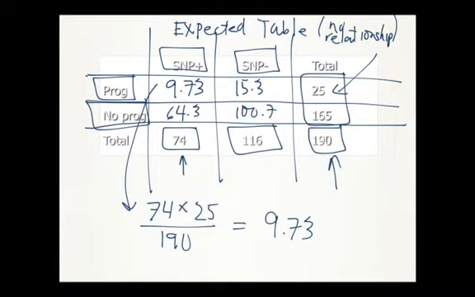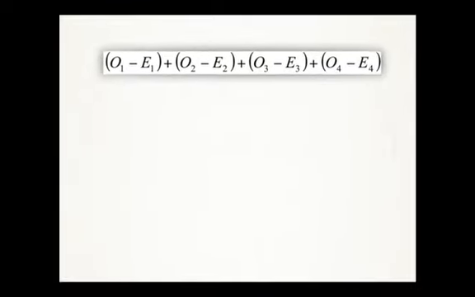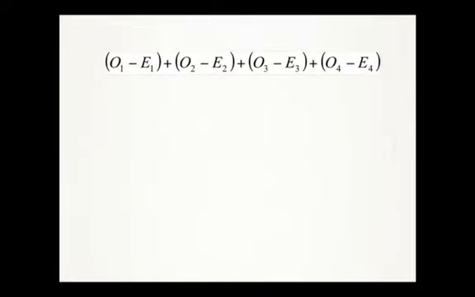Okay, so we're going to test for an association between the outcome and the predictor, and we're going to do so by looking at our observed table and seeing whether it's very different from our expected table. Okay? So we're looking at the difference between observed and expected. So how might we do that? How might we construct our test statistic? Well, you might think, okay, we have 4 cells, and let me have that be the observed.